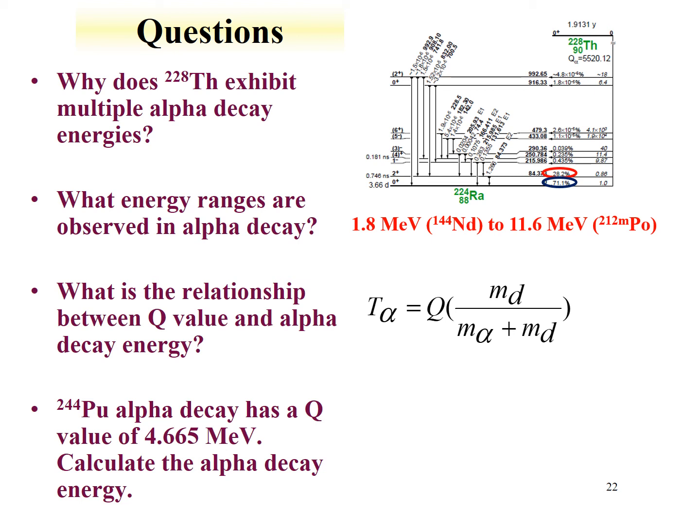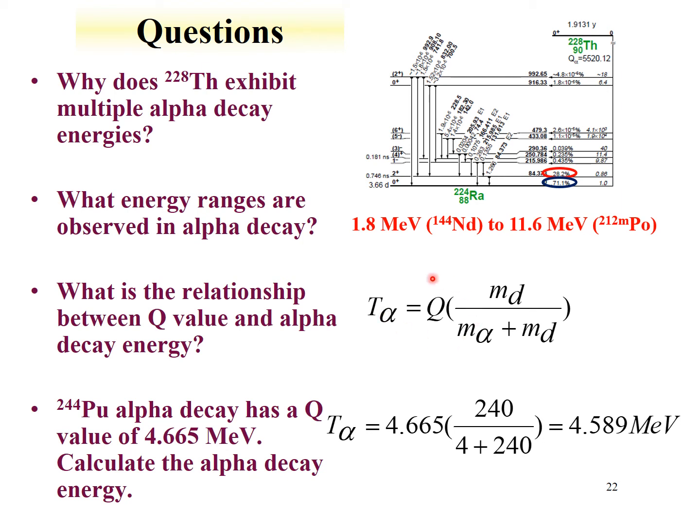So imagine that we want to determine the alpha decay energy for an isotope like plutonium-244. It has a Q value of 4.665 MeV. Find the alpha decay energy. Well, plug this value into the equation. There's our Q value. Plutonium-244, daughter is uranium-240. So 240 divided by 240 plus 4, times the Q value, is equal to 4.589 MeV.